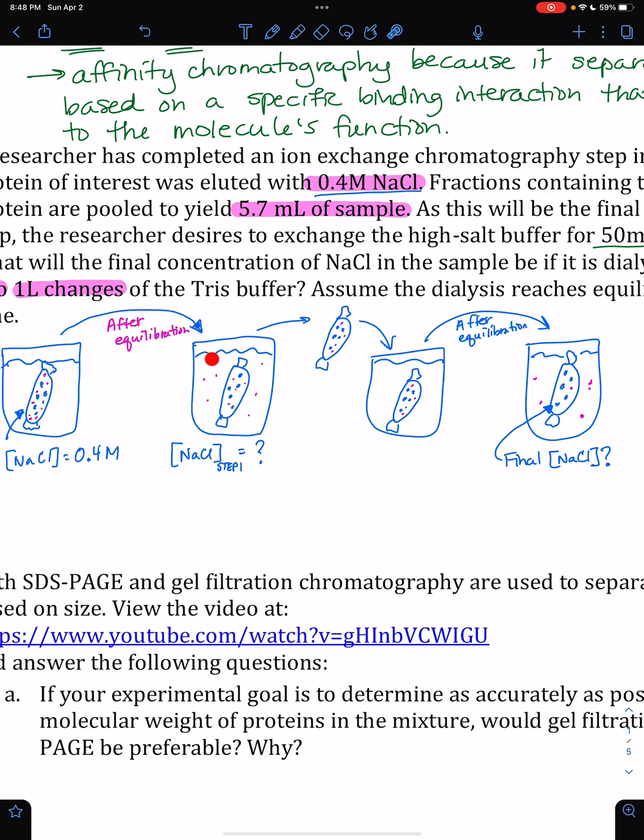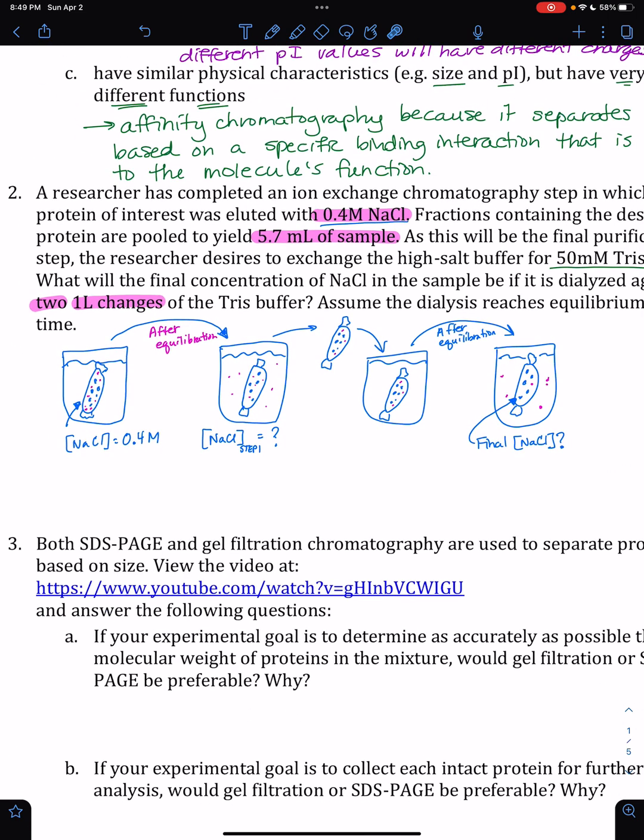But after equilibration, those salt molecules, the pink ones, are distributed over this entire volume, both the volume of the bag and the volume of the liquid that's in the beaker, that extra 1 liter. And same thing with the second step. Those molecules distribute themselves over that whole volume. So this really is 2 steps where we're essentially diluting the concentration of the salt. So we're going to treat this like a dilution.